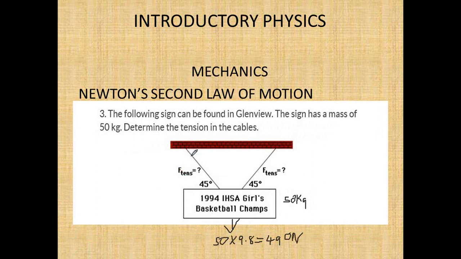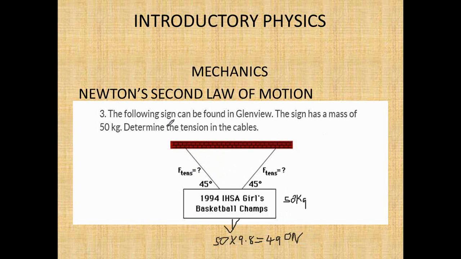So we have two cables which are supporting this sign. There's a tension here, there's a tension there, we don't know that. But what we know is that to support this sign, each of the vertical components of this tension has to be half of the weight of the frame in newtons.